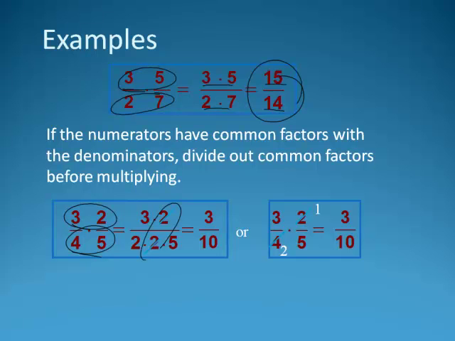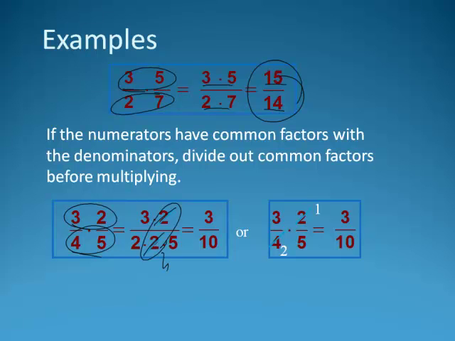Notice that, as with that, if you have a common factor top and bottom, you can save yourself from reducing at the end by canceling those values out before you do the final multiplication step. That's not necessary. If you miss that, you could just take your final answer and reduce it then. Either way, you're going to get 3/10.